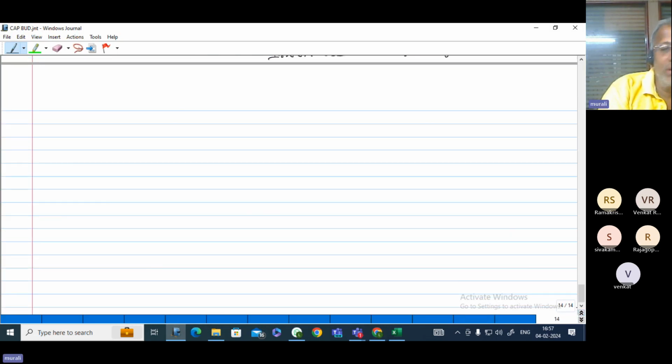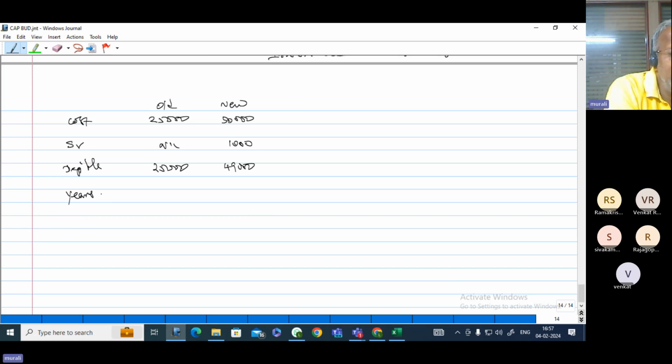So now, old and the new. Cost being 25,000 and it is 50,000. Salvage value nil and 1,000. Depreciable amount is 25,000 and 49,000.